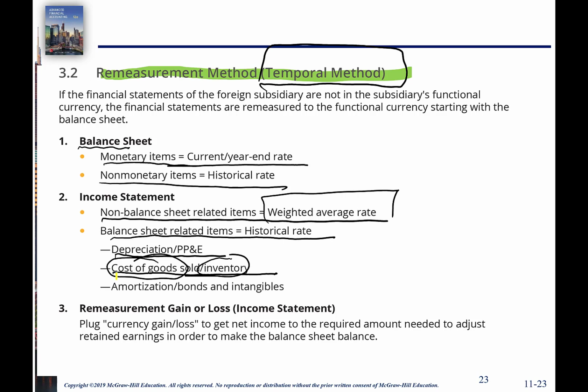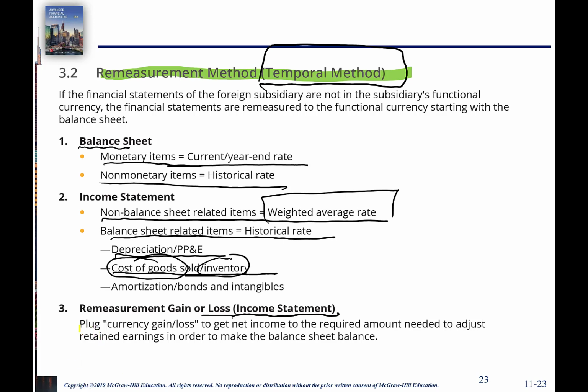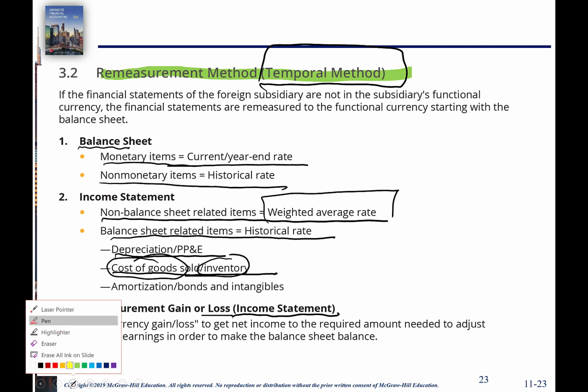Now, we will have a remeasurement gain or loss that is reported on the income statement, and we're going to see that remeasurement gain or loss is literally going to be the number that we will need to plug into the income statement to get the balance sheet to balance.